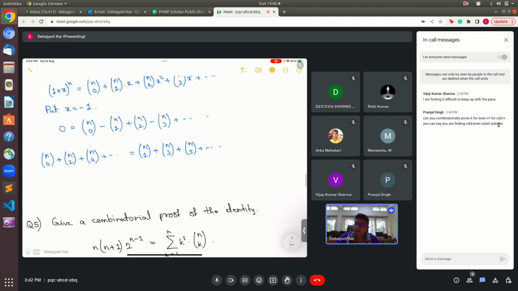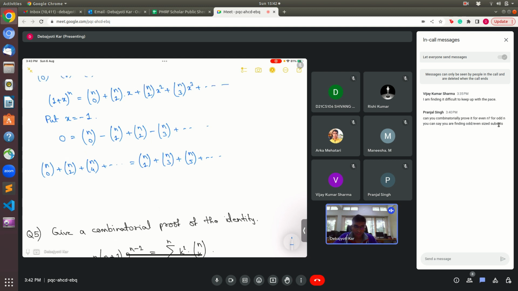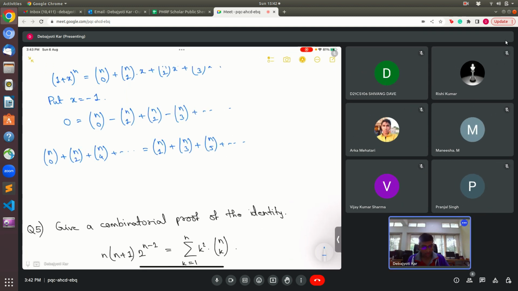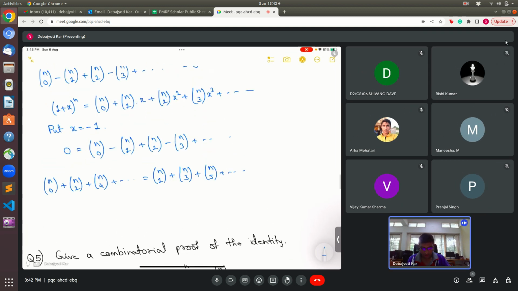I'm not able to think of it now for even n. For odd n, it is clear that you're just picking odd subsets and even subsets, so there's a bijection, and so the sums are equal. But for even n, the number of terms is different, so it's difficult to find a bijection. But I'll think of it and post in the discussion forum. But this identity you must remember, that the odd sums are equal to the even sums. It's a very important identity.